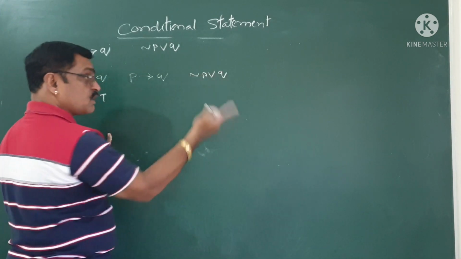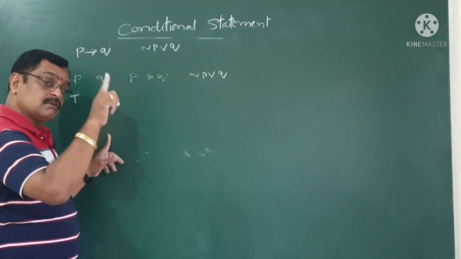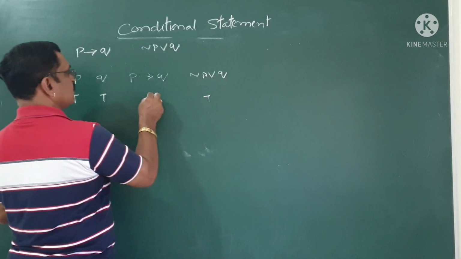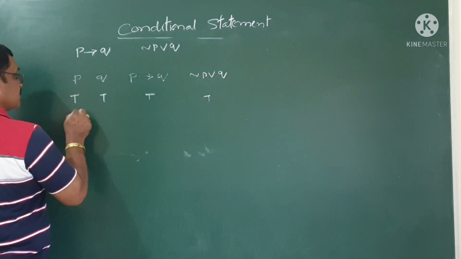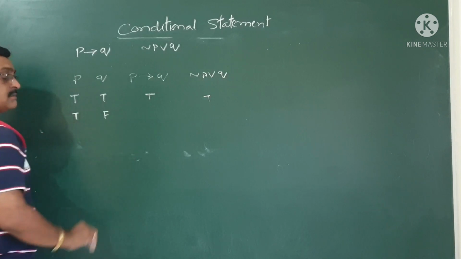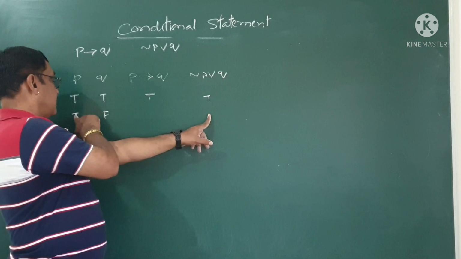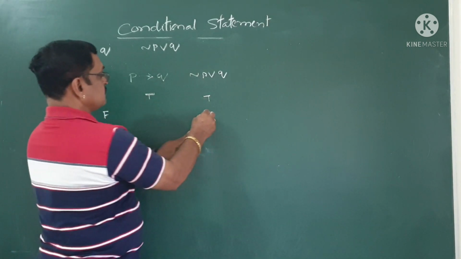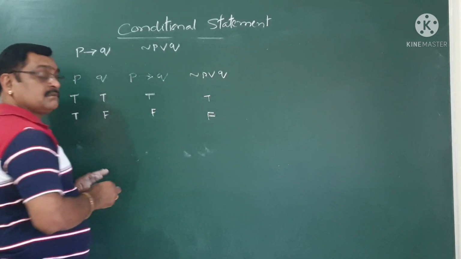False or Q is true. Of course, you know very well this is true. Next one, first is true, next is false. Negation of true means false. False or false is false. And you know very well this is false.